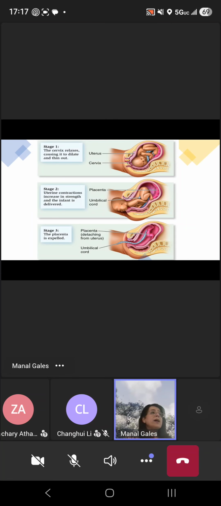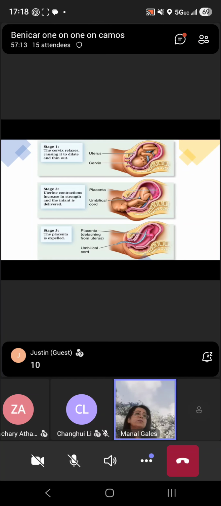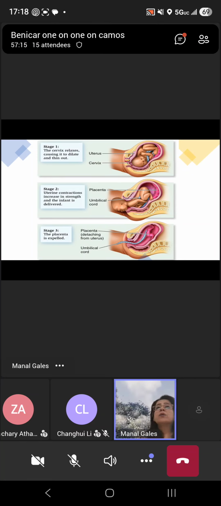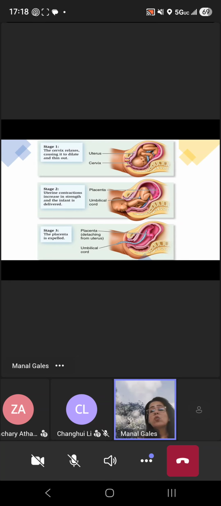How big? How many centimeters dilated? It has to be 10 centimeters, full dilation. And how many percent effacement? Effacement should be 100%. So stage 1 ends once we have 10 centimeter dilation and 100% effacement.